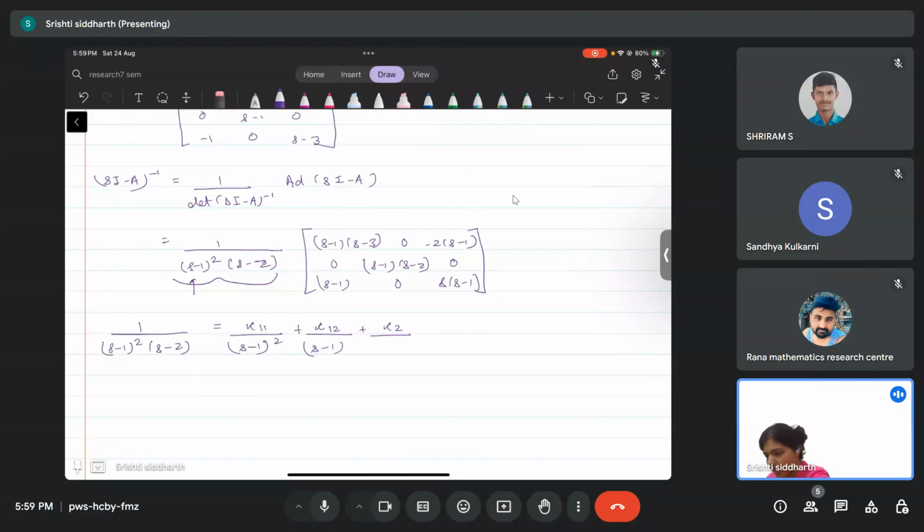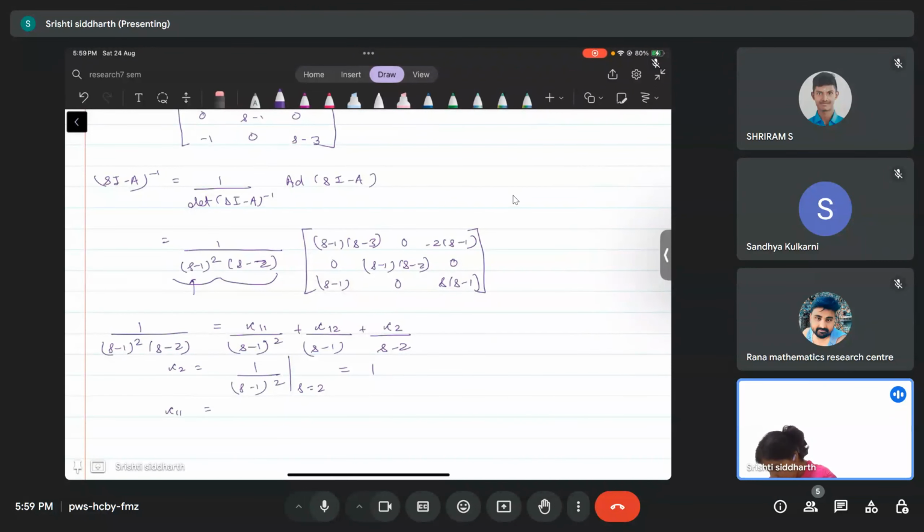And then we have C2 over s minus 2. So you can find out what these coefficients are. For example, C2 is going to be 1 over (s minus 1) squared evaluated at 2. This is simply 1.